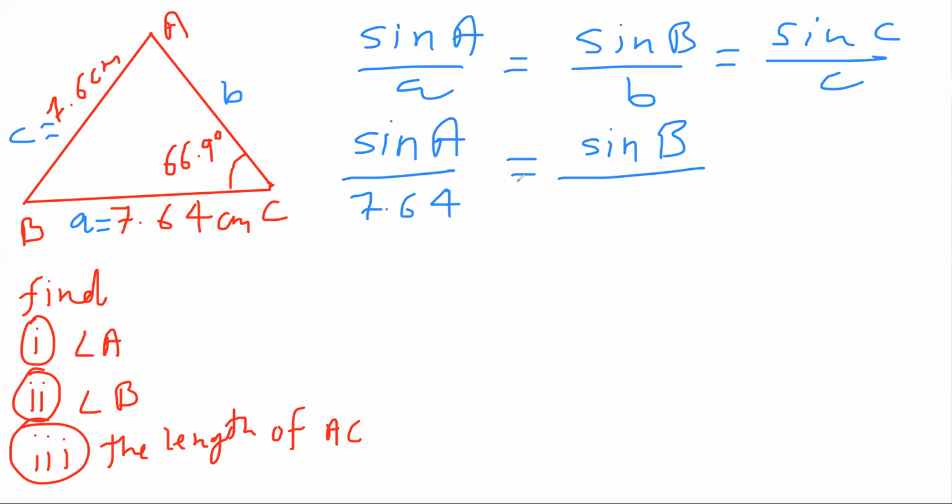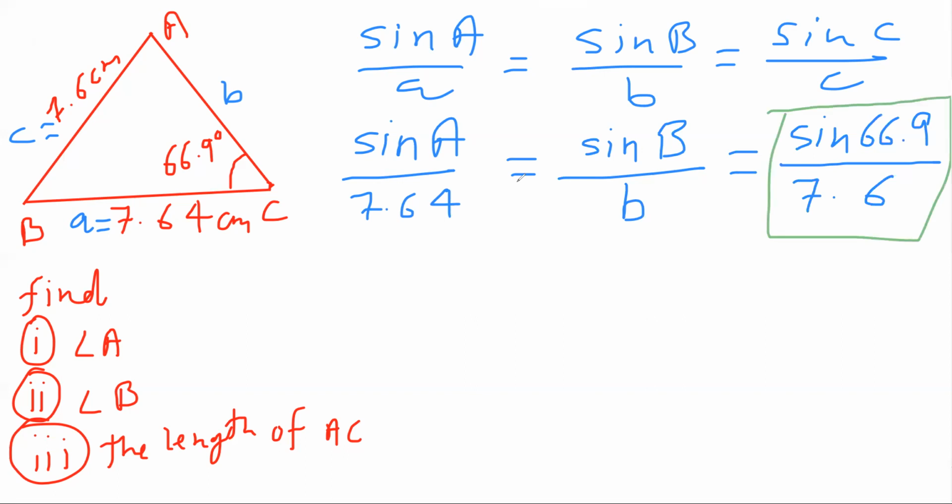We don't know b yet, so let's write b, and then sine C is sine of 66.9 over c, which is known, 7.6. When you apply the sine rule, there has to be one complete known ratio like this one. This is the known one, only then can it help us find the unknown.